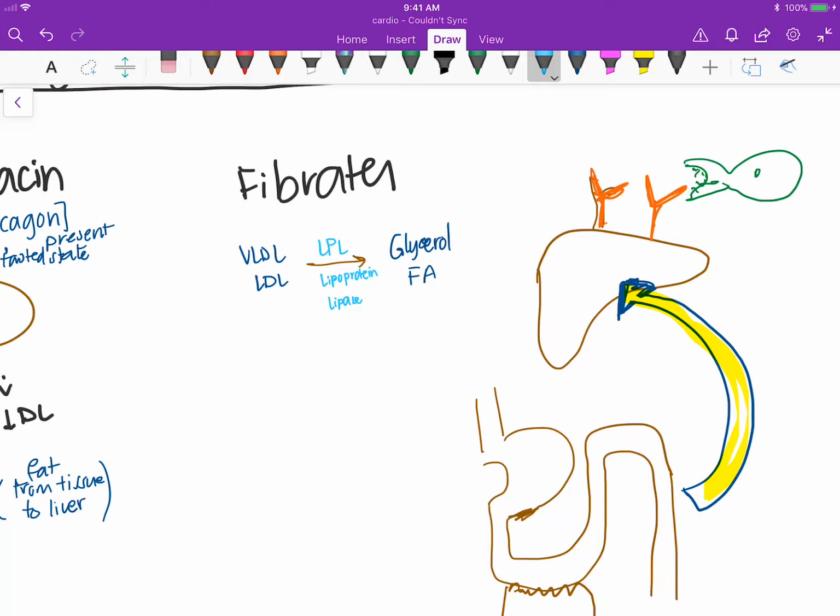Your fibrates activate this lipoprotein lipase. So as a result, you have decreased LDL and VLDL, and you have increased HDL. Remember, this is a transcription factor ligand.